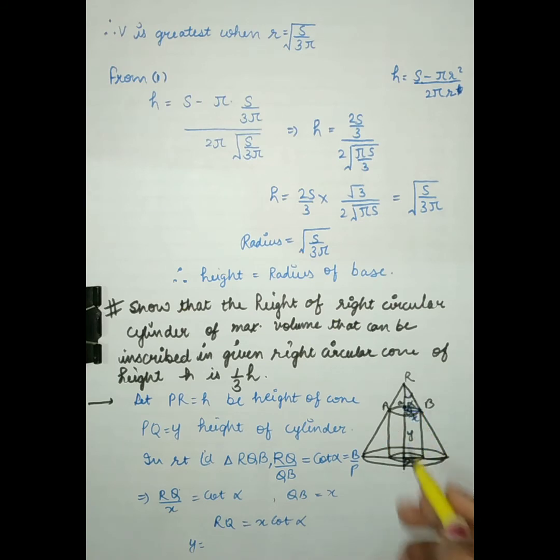And y will become equal to PR minus QR. That means from the total we subtract this term, and we get the distance PQ, that means y, which becomes h minus x cot alpha.